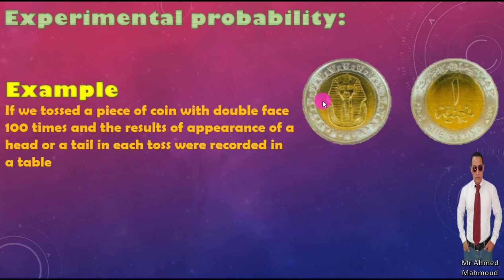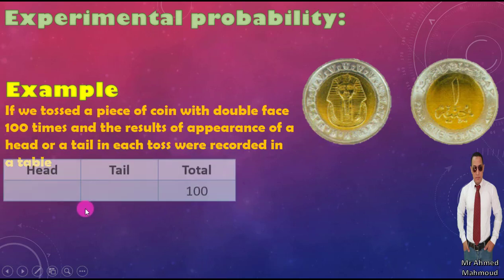We know that the coin has two faces, head or tail. If we flipped this coin 100 times, this is an experiment, and we are going to record the number of times in a table like this.